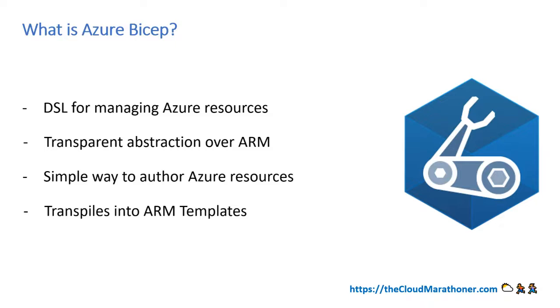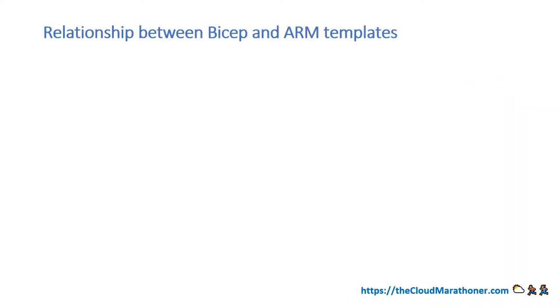But what are ARM templates? You will see the example. It's a JSON description of the Azure resources, and it is not as human readable as the Azure Bicep language. Now, before jumping further, I want to show this relationship between the Bicep language, which is the Azure Resource Manager language to create the ARM templates, and the ARM template itself.